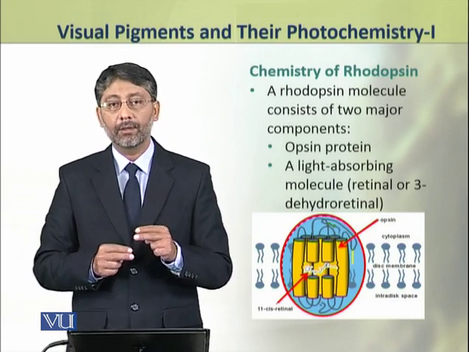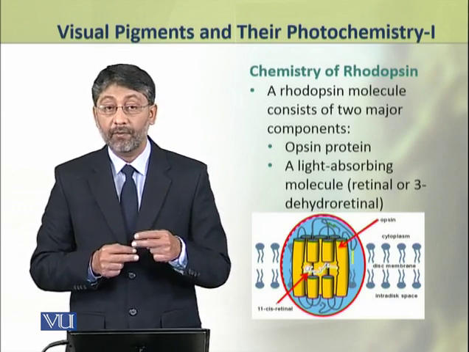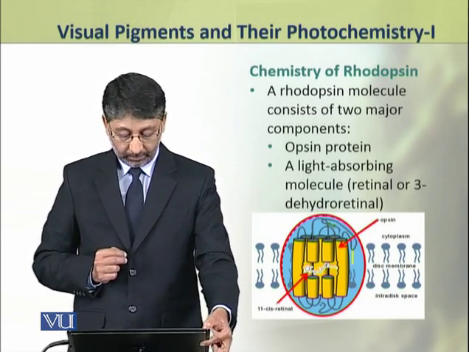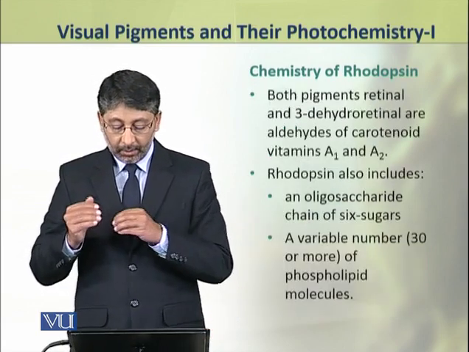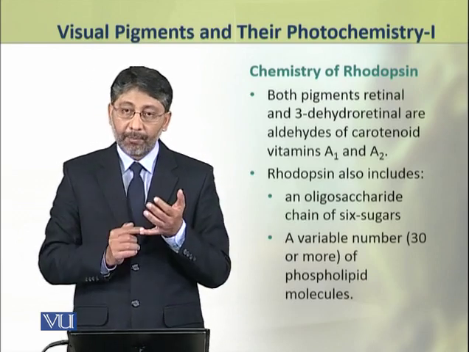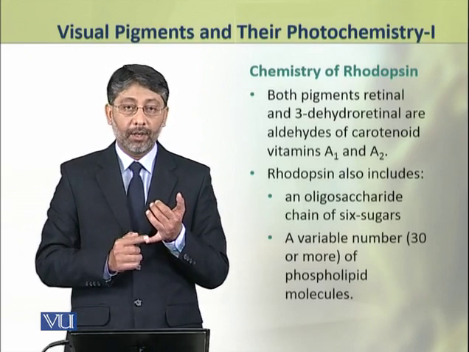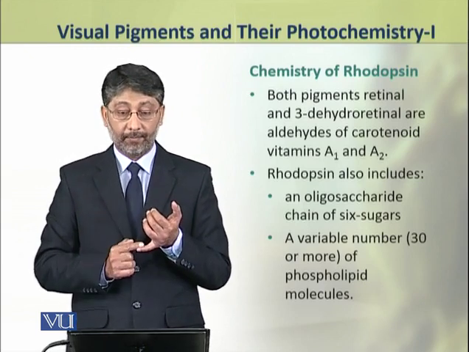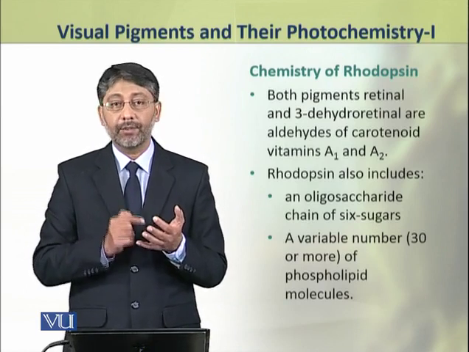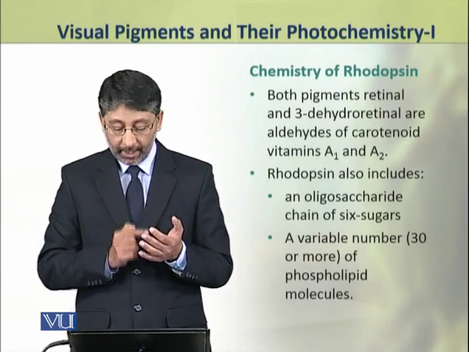Both these are carotenoid pigments derived from vitamin A. The carotenoid pigment retinal is derived from vitamin A1, while 3-dehydroretinal is derived from vitamin A2.